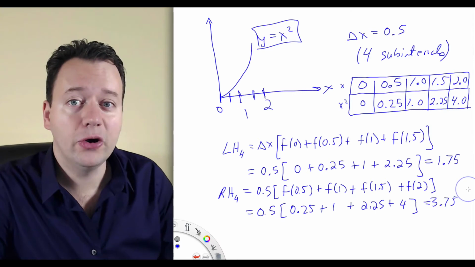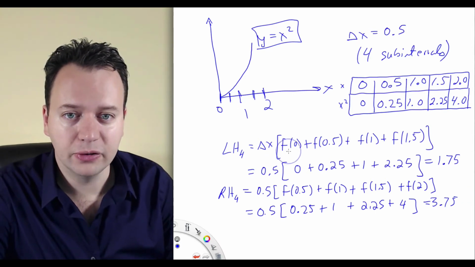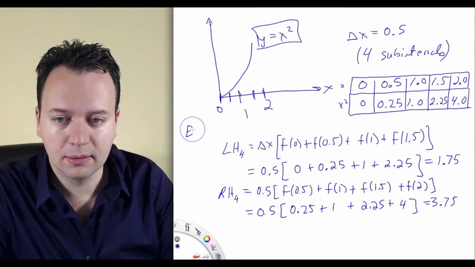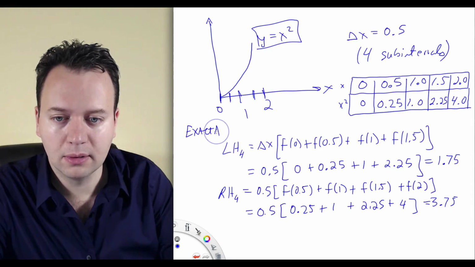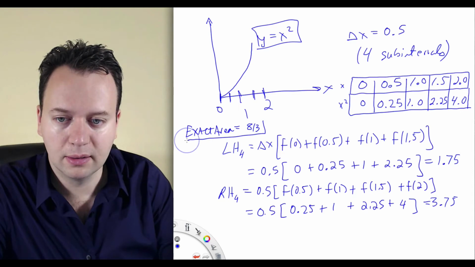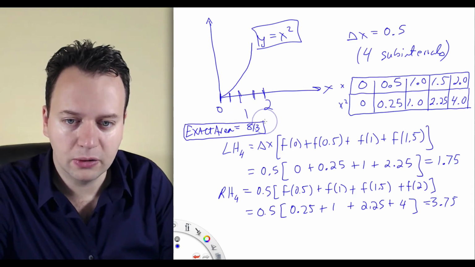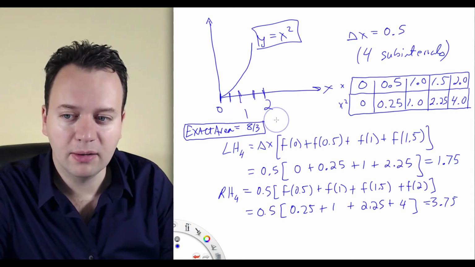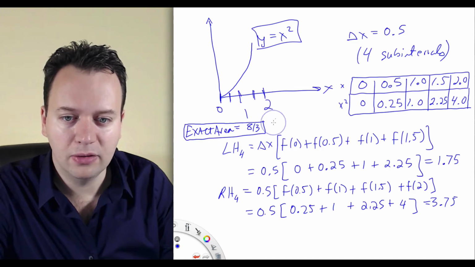Now I happen to know the exact value of the answer. So the exact area is 8 over 3. So that's my little secret. And you'll see how I computed that later on in the course.